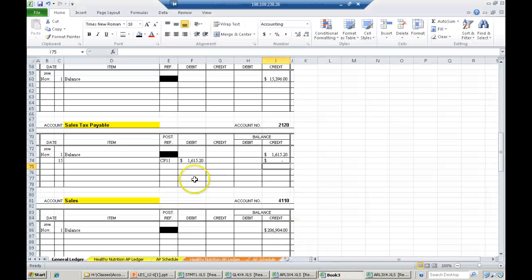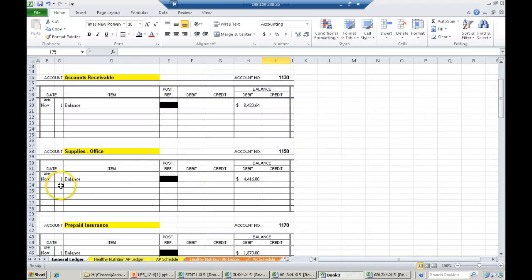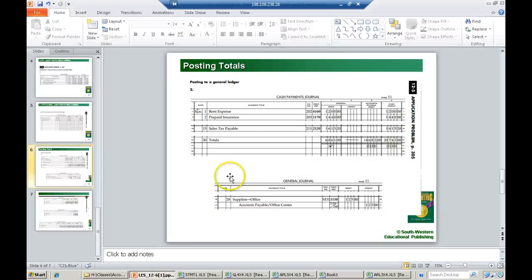So let's go to supplies office, which is an asset. And this occurred on the 28th, which again we're getting off the journal here. On the 28th, $125.